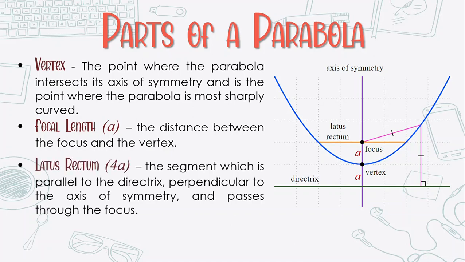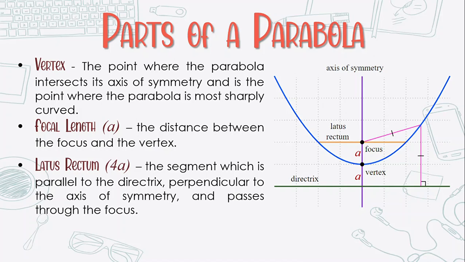Then the next part, we have the latus rectum, denoted by 4a. And as you can see, the latus rectum is the orange segment. The latus rectum is the segment which is parallel to the directrix, perpendicular to the axis of symmetry, and it also passes through the focus.